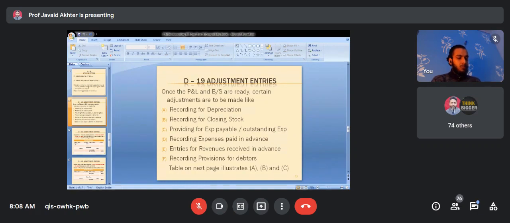And for example, for everything that I have mentioned on this slide, recording for depreciation, recording for closing stock, recording for provision for expenses payable, provision for expenses paid in advance, or entries for revenue received in advance, or recording for provision for debtors, etc., these are all examples of adjustment entries. How do we do it?